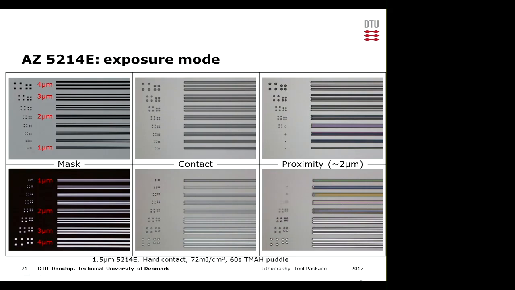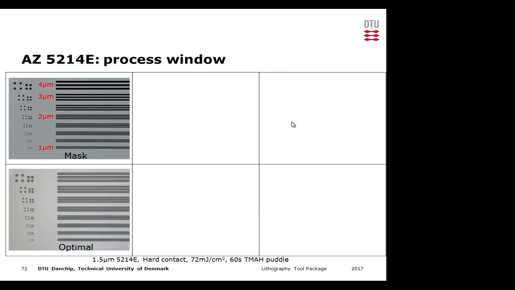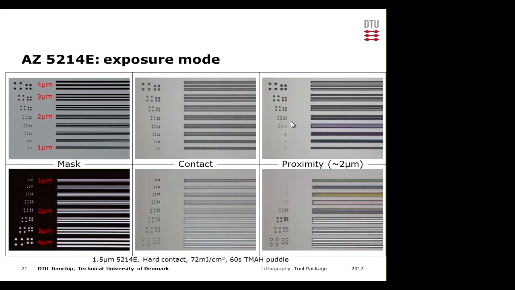There are a couple of effects that are nice here. I wanted to point out, you can see around here how the square pattern has suddenly rotated 90 degrees in angle?